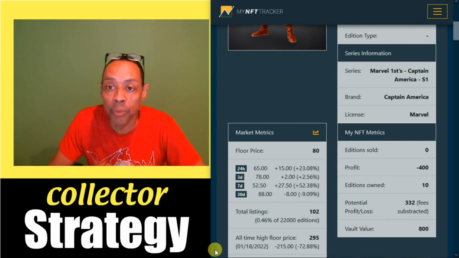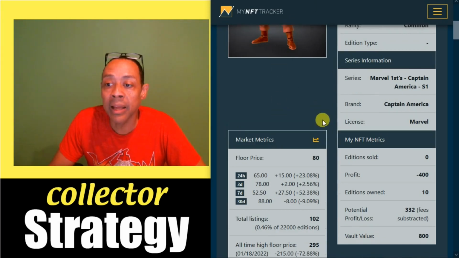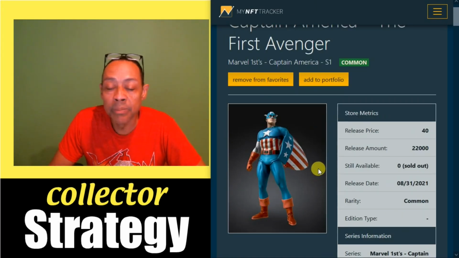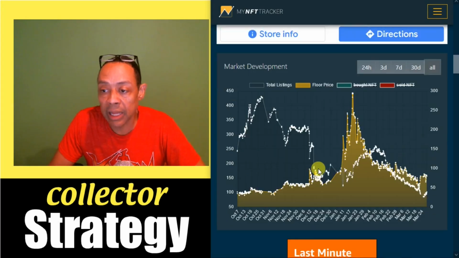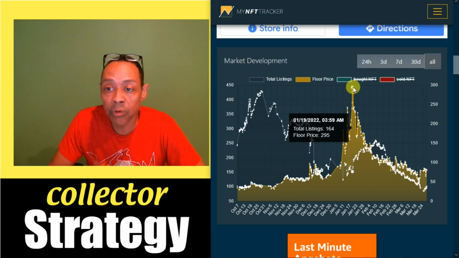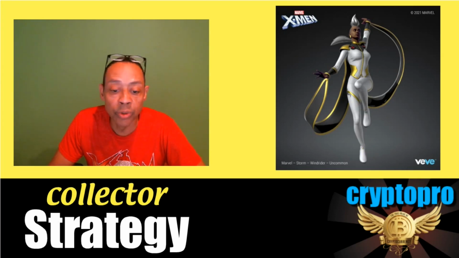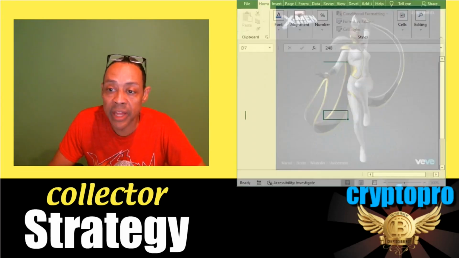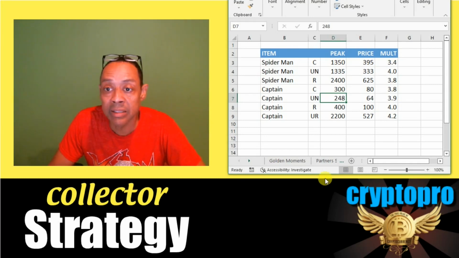So step one will be go to mynfttracker.com, pull up that item, scroll down to the chart, click on all, get the highest price from the previous run, the peak price, write that down. Step number two, you go to the app and get the current price of that item, and then make you a little table.